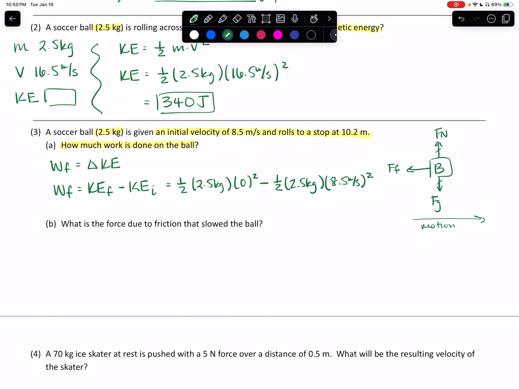So if we look, we've got 1/2 and 2.5 on both. This actually goes to 0, so we don't have to worry about that. So our work due to friction is going to be equal to 8.5 squared times 2.5 times 1/2. And so we find that we have 90 joules worth of work that is being done by this frictional force.